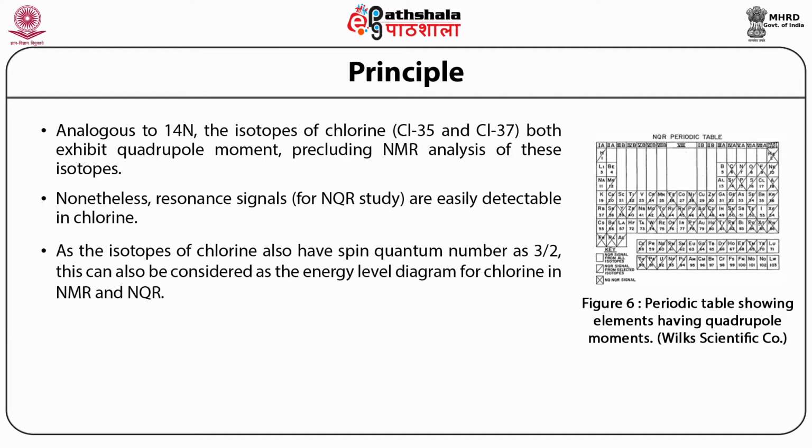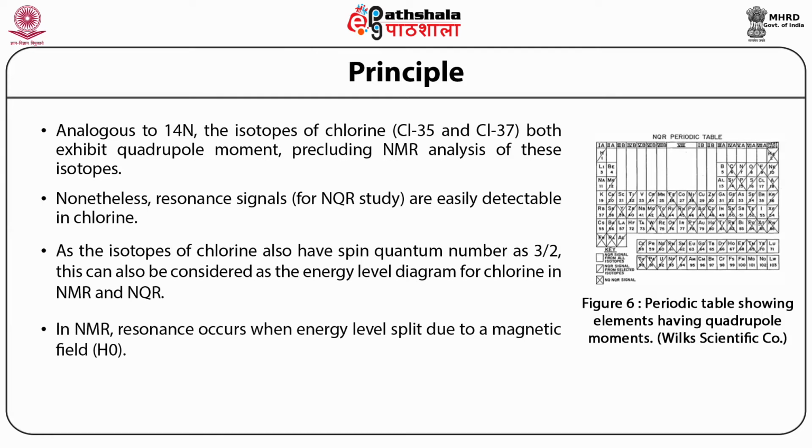As the isotopes of chlorine also have a spin quantum number of 3 by 2, this can also be considered as the energy level diagram for chlorine in NMR and NQR. In NMR, resonance occurs when the energy level splits due to a magnetic field. Thus, the resonance is absent in NMR when the applied magnetic field is zero.